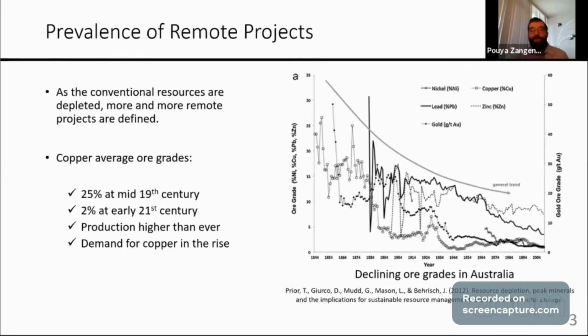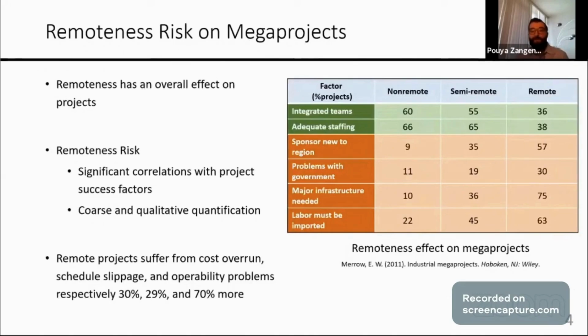And with that, there is a whole lot of investment in remote projects around the world, and a study that was done on the effectiveness of such investments resulted in very poor metrics compared to the projects that are less remote. And all of this is perhaps common sense.